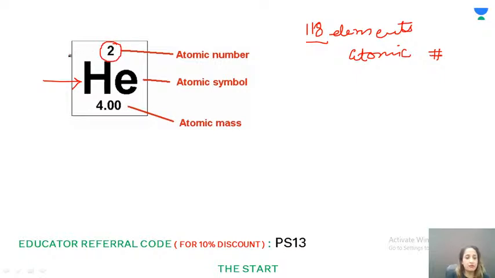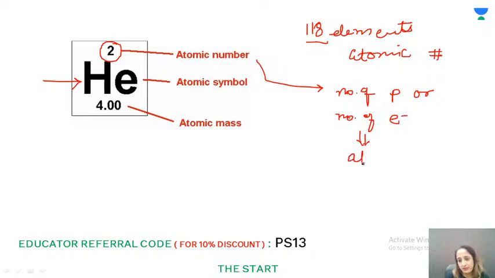I have talked about atomic number in many videos and classes that I take with you guys. Atomic number is the number of protons, or I would say the number of electrons, present in an atom.